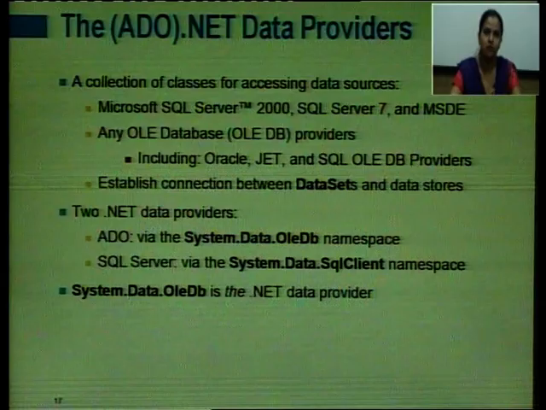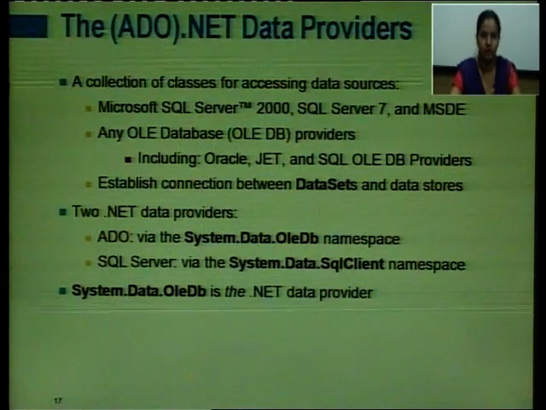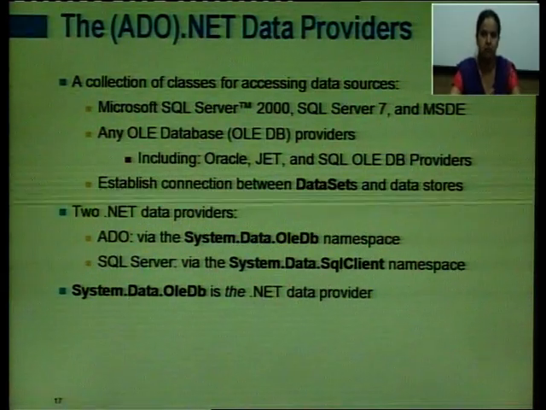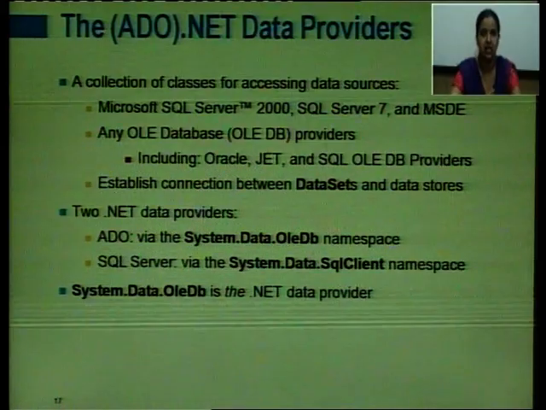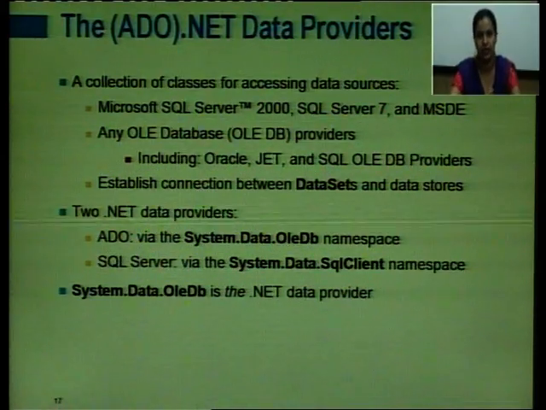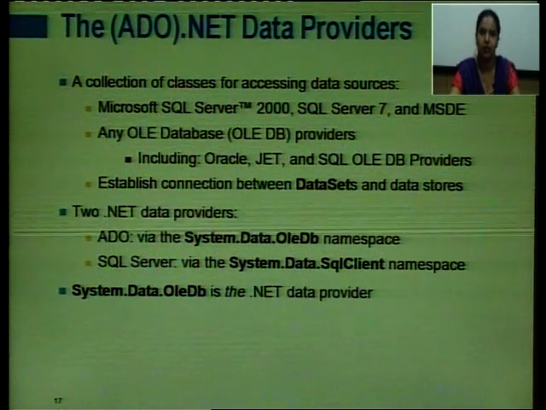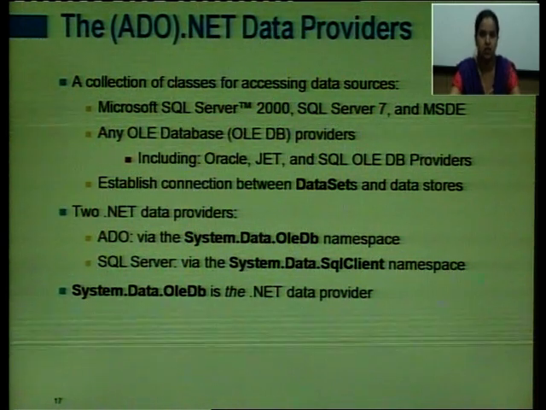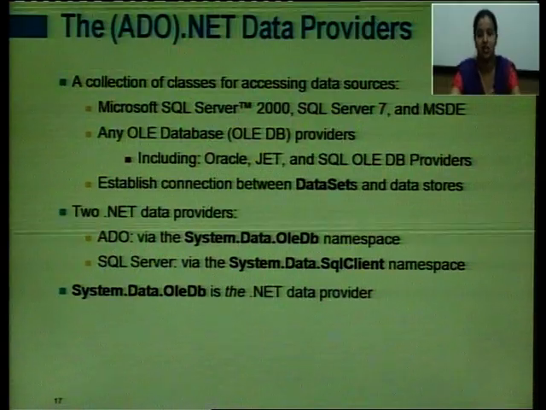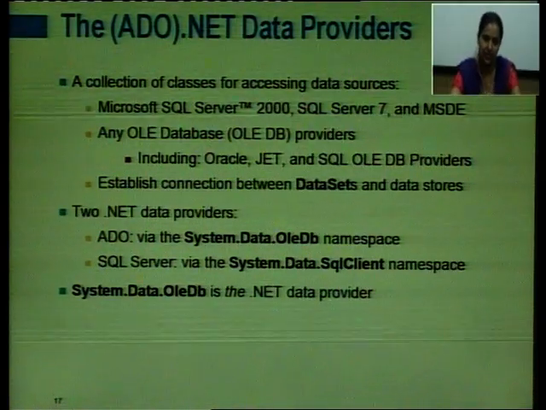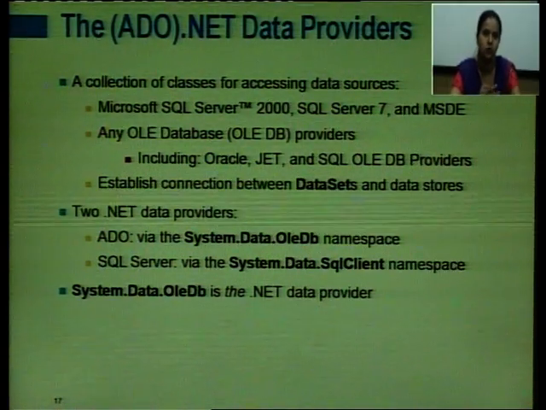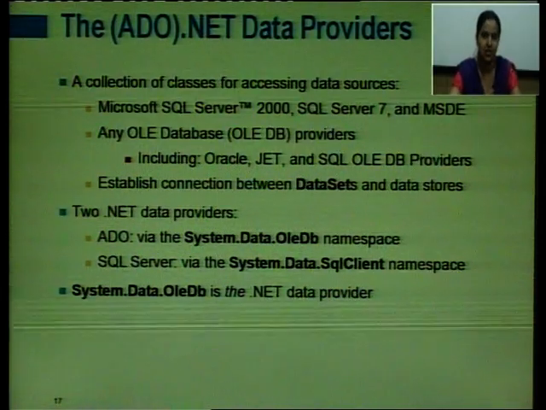Microsoft SQL Server 2000, SQL Server 7 and MSDE are basically the main data providers. Any OLE DB provider includes Oracle, JET, the SQL database provider. These are the software through which we can easily provide or access the data.